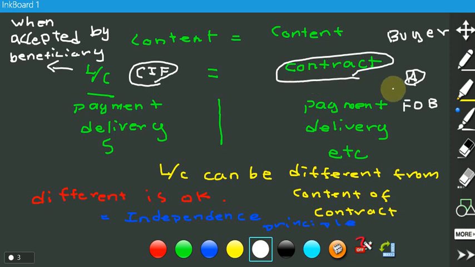The condition once buyer and seller had made a contract, but this one changed. But this is once the letter of credit is accepted. This one is okay, and this one is negotiated by the negotiating bank. So negotiate.